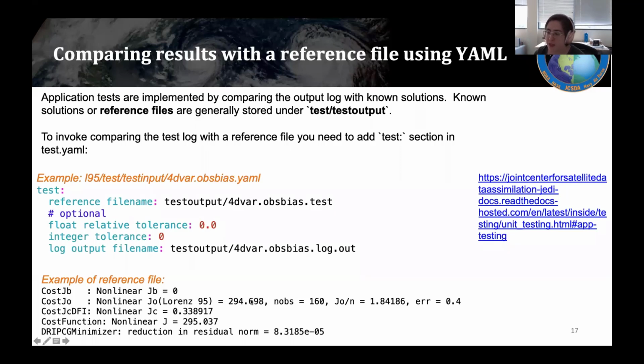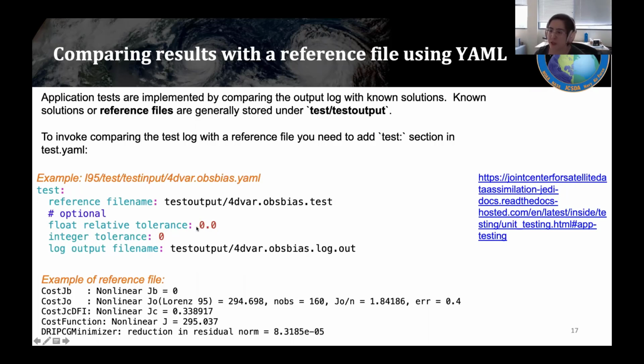You want to compare these numbers with your output. So you can set some tolerances there to accept a small range of errors. Based on that, your test will pass.